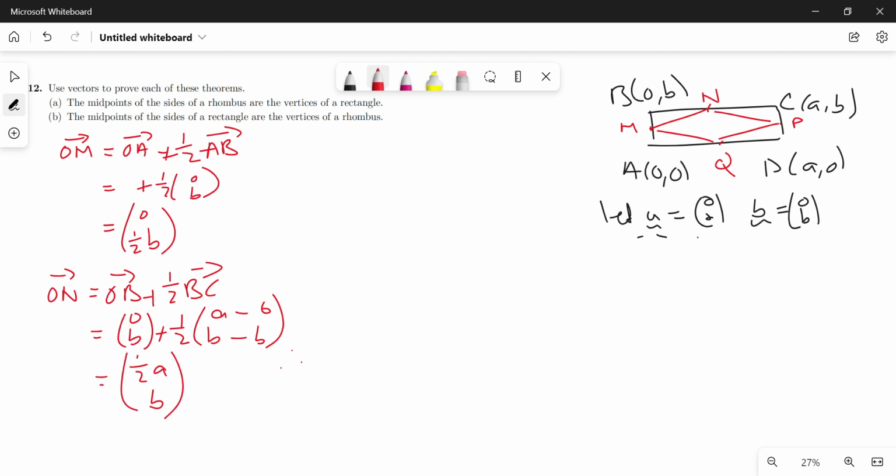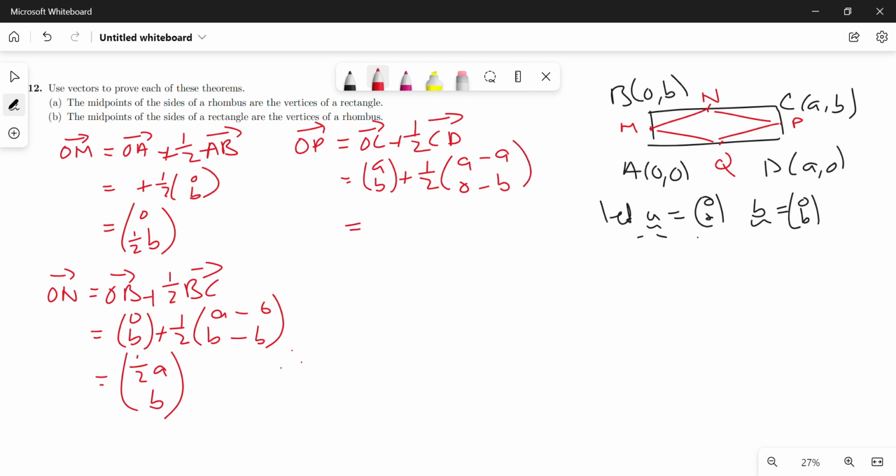All right, we also want OP, so OP we would do OC plus half CD. So OC is (a, b) and half of CD. D is (a, 0) and we're taking C, which is (a, b).